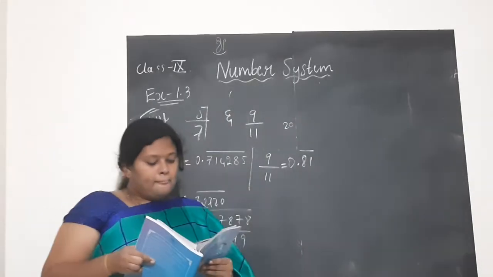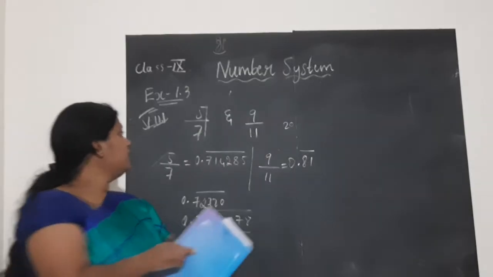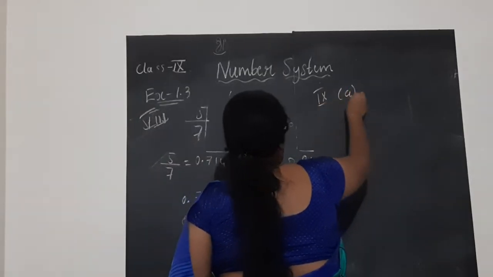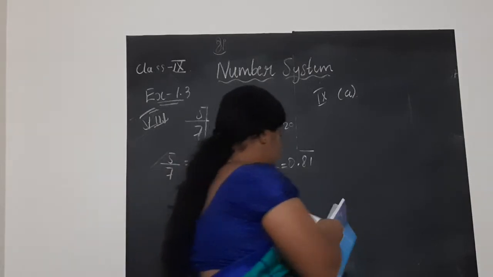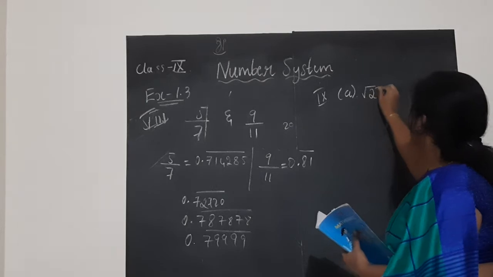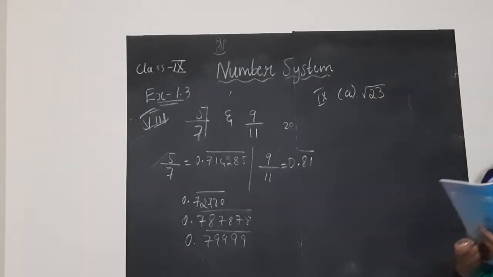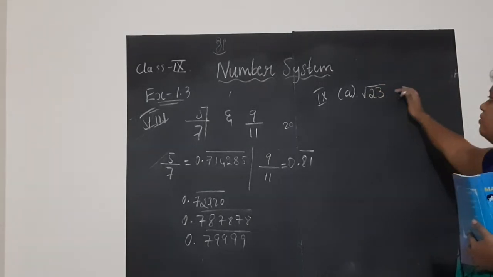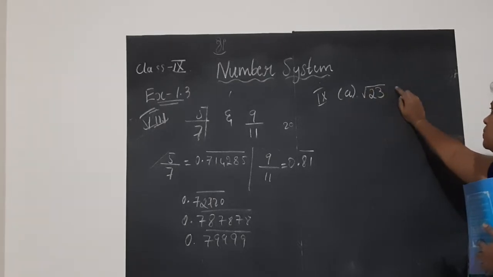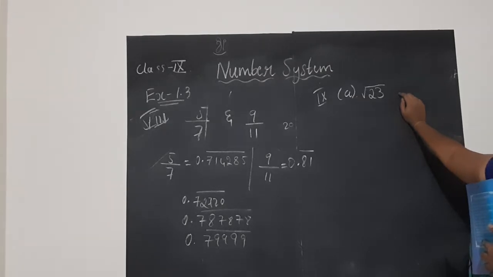So, the first question, this is 9th main, part A. The question is square root of 23. Without actually finding its decimal expansion, you can say that it is an irrational number. Square root is there, no? You have studied the definition of an irrational number, no?